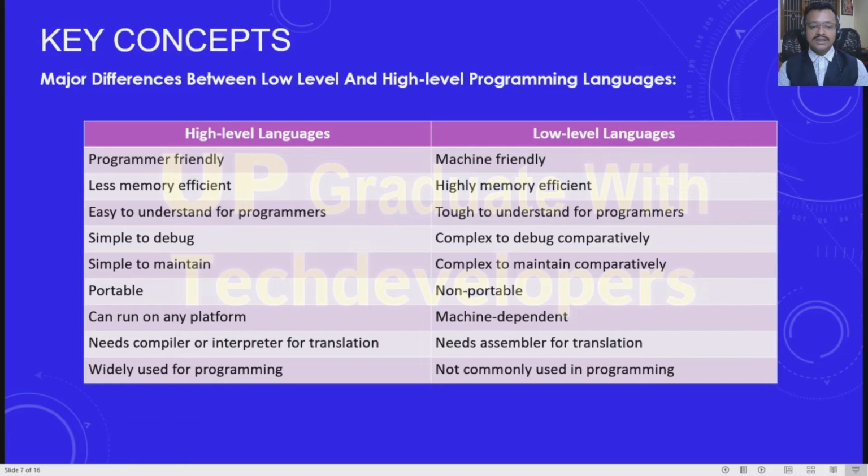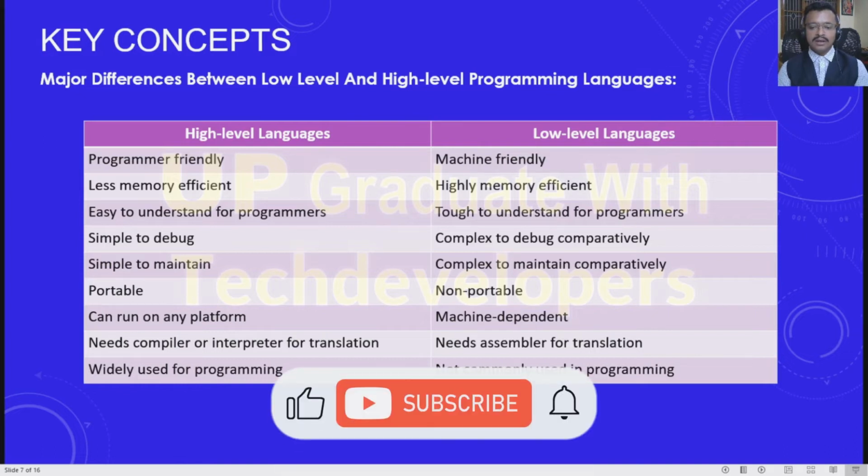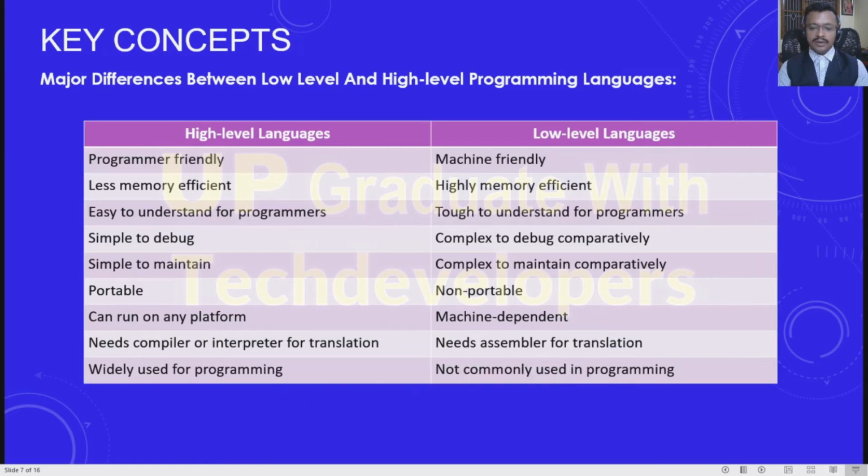High-level languages can be maintained easily, but low-level languages cannot be maintained easily. High-level languages are portable, whereas low-level languages are non-portable. High-level languages can run on any platform, but low-level languages are machine-dependent.